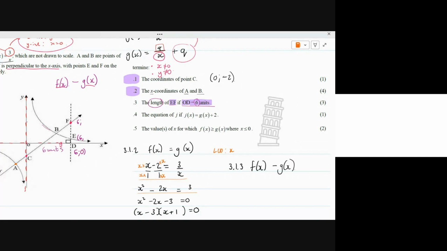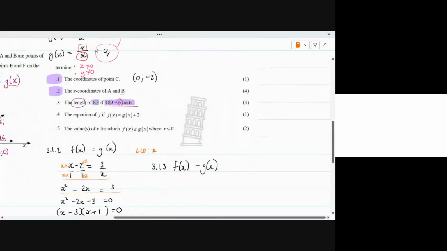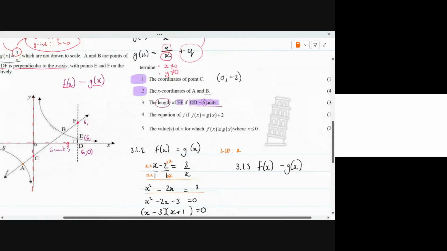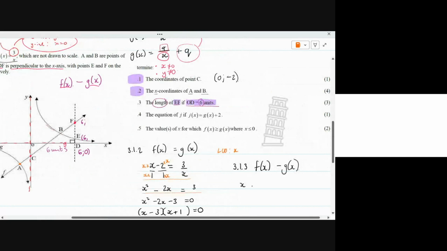Now, f of x is x minus 2 minus 3 over x. But now, here's the thing, guys. We know what the x value is.